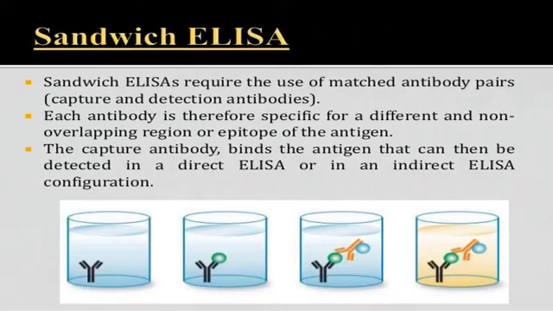And the sandwich ELISA technique is used to detect antigen of interest. We can coat the walls of the microtiter plate with the antibodies as shown here. These are the captured antibodies coated on the walls of the microtiter plate. Then we can give the patient serum or the patient's blood. Then we can give another antibodies that is coupled with an enzyme.